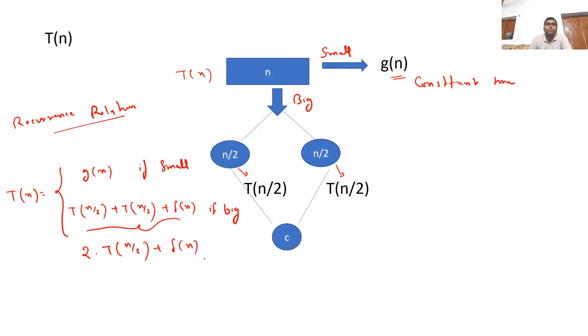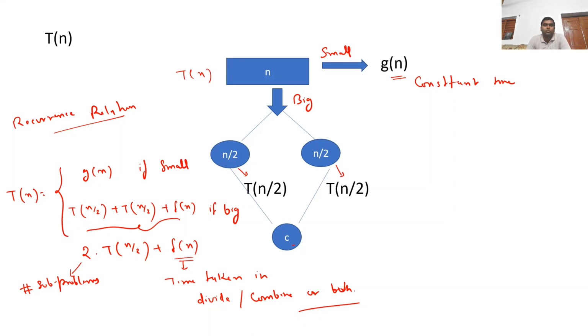Here 2 is the number of subproblems, and f of n is the time taken in divide or combine, or both, whatever the case may be. So this is the general structure of the divide and conquer strategy.